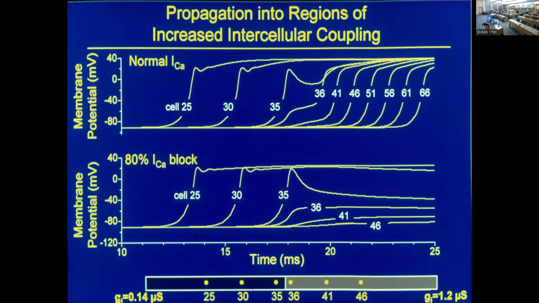And what you see is what we expected, which is block of the decremental conduction at the transition region. So at the transition region, where you have an increasing load and long conduction delay, a lot of the depolarizing charge comes from the L-type calcium current. And if you reduce the L-type calcium current, conduction fails exactly at that transition.